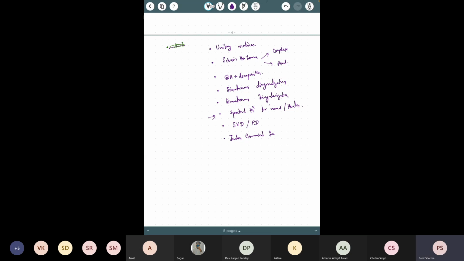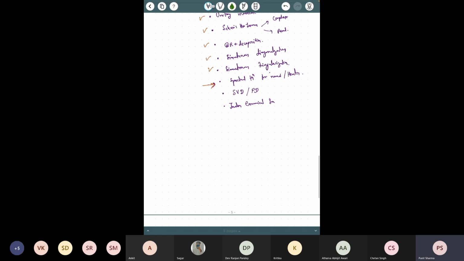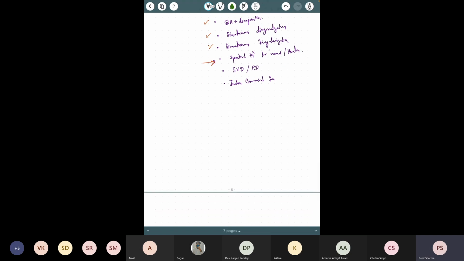All right. So what we have done, I'll mark these topics. These topics have been done, and now we are here. Let us start by defining unitarily diagonalizable matrices.